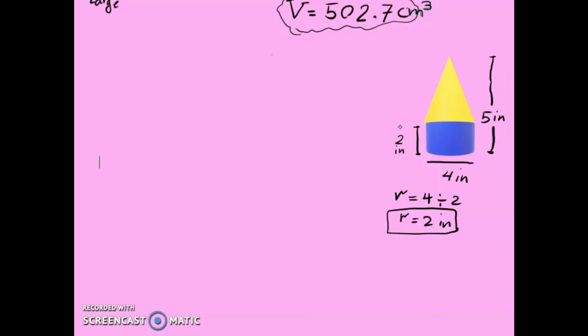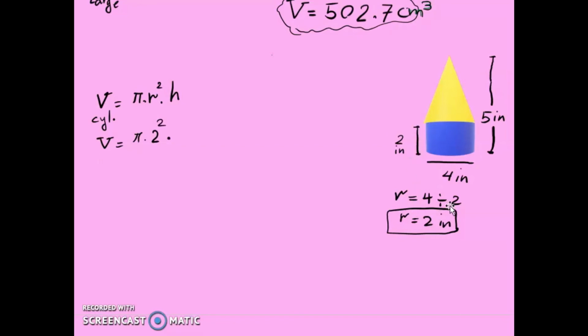Let us calculate the volume of the cylinder. What's the formula? It is pi times r squared times height. So the volume of the cylinder would be pi times r squared, where r is 2 inches, which you calculated, not this 2, which is the height. What's the height of the cylinder?